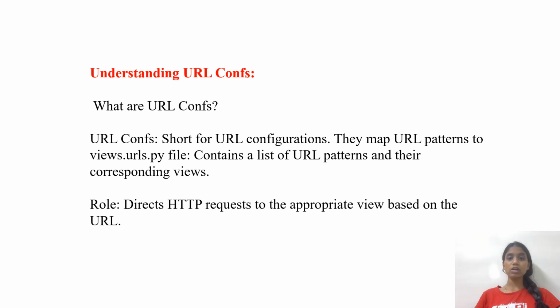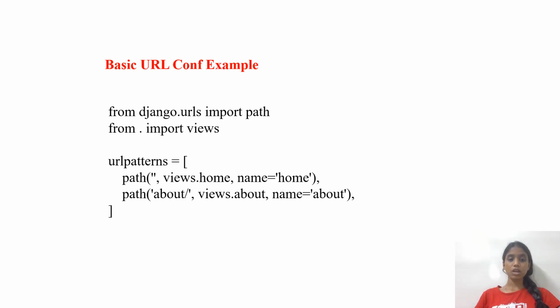on the URL request. In the basic URL configuration example, we are importing the path function from the Django URLs module, and then we are also importing the views from the current directory. The current directory is represented by just the dot, and we are importing the views file, that is the Python file, from the current directory.